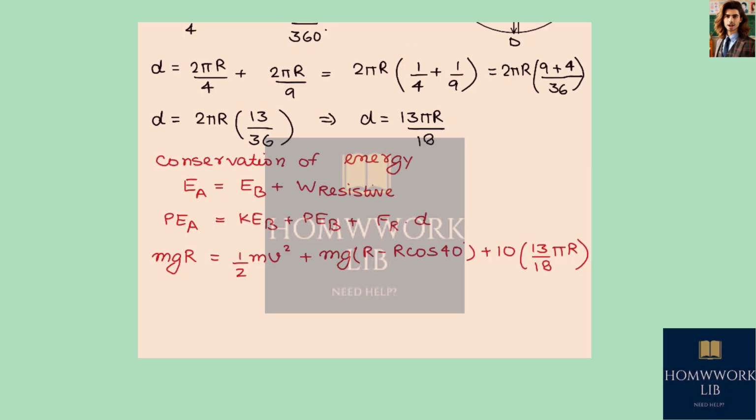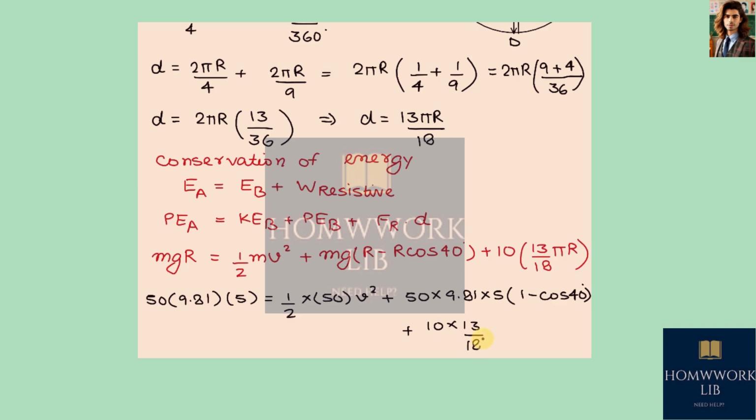So here we get 50 into 9.81 into 5 is equal to half into 50 into v square plus 50 into 9.81 into 5 into 1 minus cos 40 degree plus 10 into 13 divided by 18, 5 times 5.